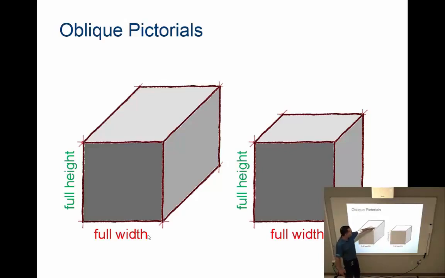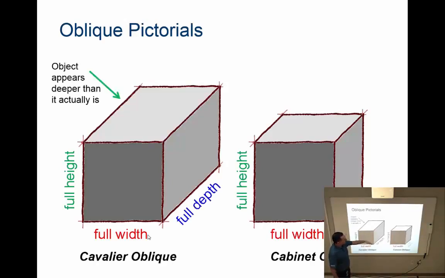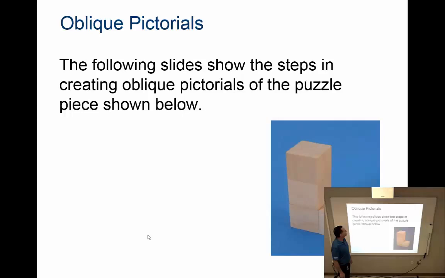It looks like it's stretched out longer than it should be. It looks more rectangular than it does like a perfect cube. Whereas this one, where the depth has been cut in half, looks a little bit more realistic. So a lot of times we would go with a cabinet oblique to make the 3D drawing look more like the actual object. So again, the only difference between the two has to do with the depth. Half the original size of the depth is what gets drawn for a cabinet oblique.